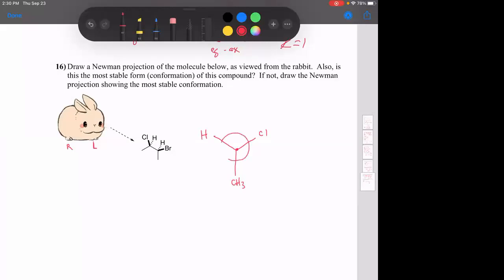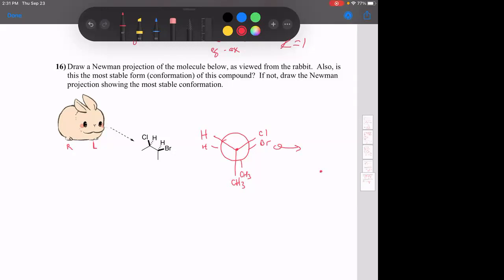All right, and then we're going to go to carbon 2. Then on the back, oh, wow. So this is eclipsed, all right, because off to his right again is the halogen, and then hydrogen, and then another methyl group eclipsing. So this is not the best we can do, right, because we have eclipsing methyl groups, and that's not good. So what I'm going to do is rotate that front carbon 180 degrees.